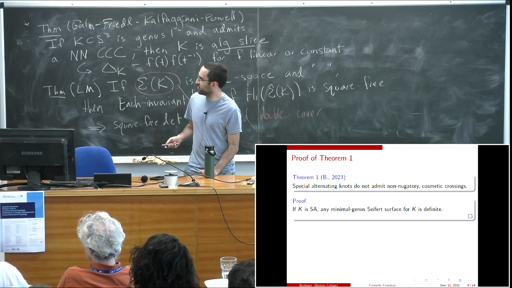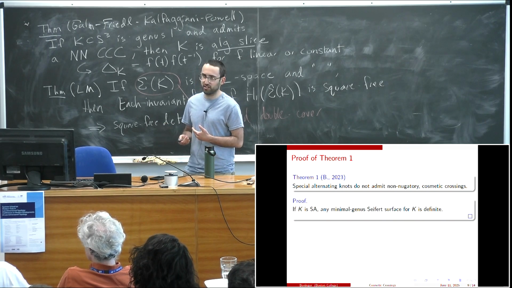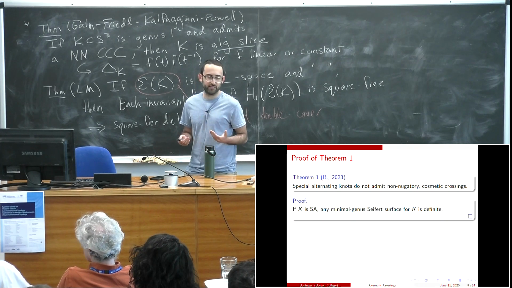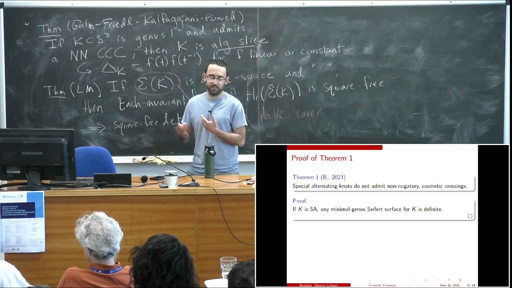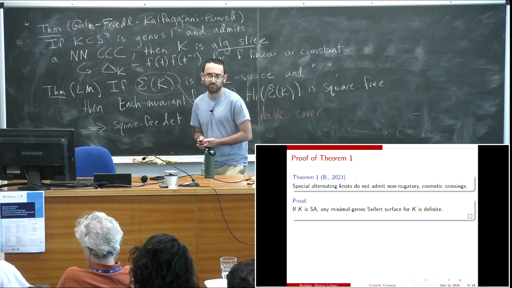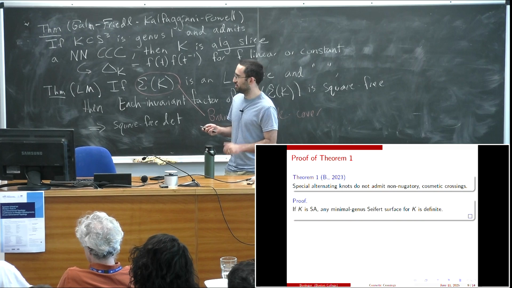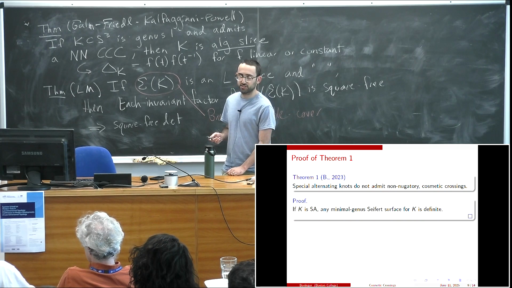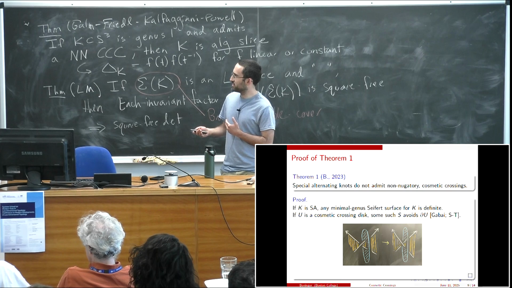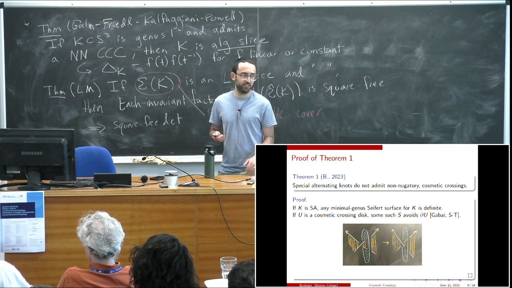And the first thing to note is that if K is a special alternating link, then any minimal genus Seifert surface for K is a definite surface, which just follows from an argument with the signature and the genus, right? So they're all definite surfaces. Furthermore, we can find some minimal genus Seifert surface that avoids the boundary of the disk.